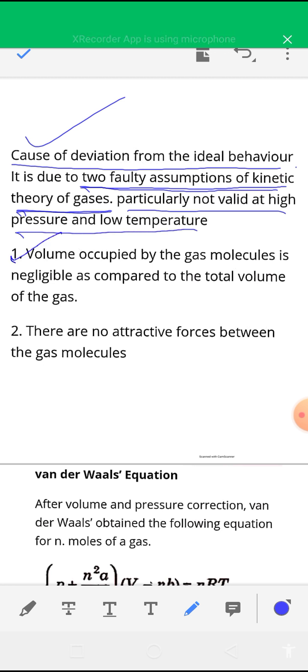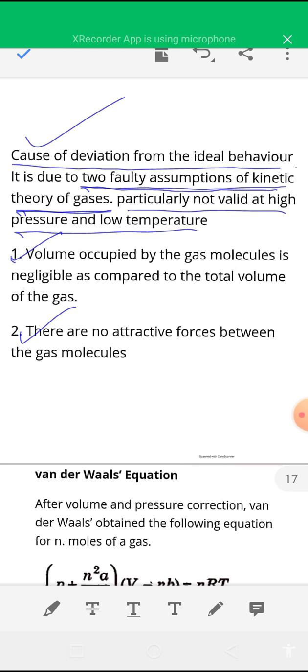The first faulty assumption is that the volume occupied by gas molecules is negligible as compared to the total volume of the gas. And the second faulty assumption is that there are no attractive forces between the gas molecules.